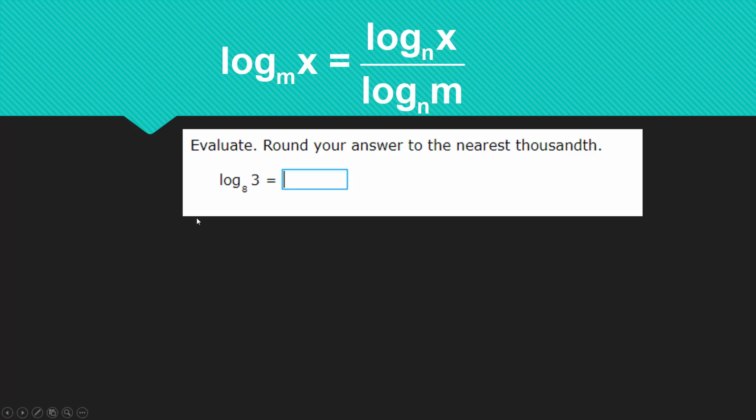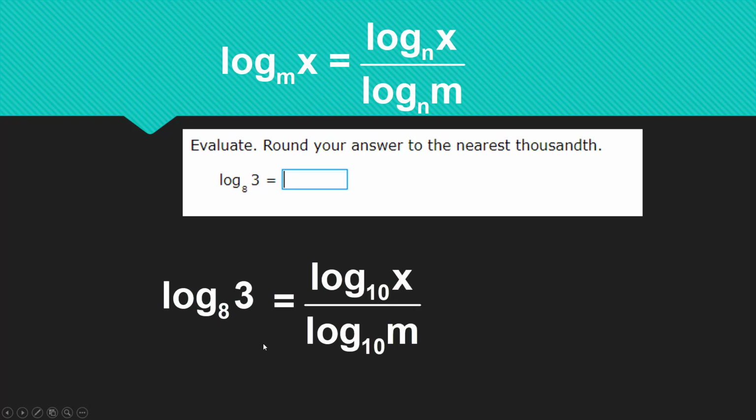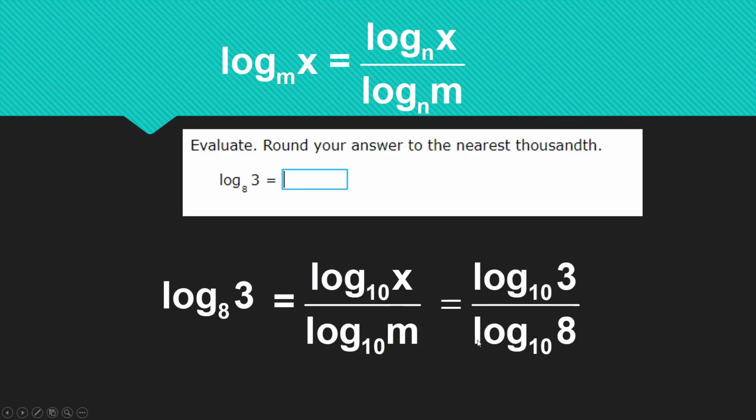All right, so I'm going to change log base 8 of 3 to the common log, or log base 10. So we get log base 8 of 3 equals log base 10 of x divided by log base 10 of m, where my x is 3 and my m, my old base, is 8.